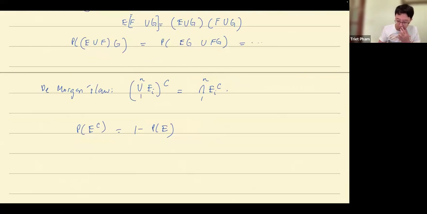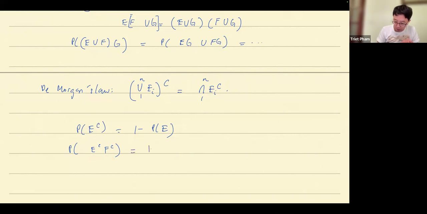What I'm trying to demonstrate, and it's a problem I just did with my 478 class, which we might also do in this class, is that if you want to find the probability of the intersection of the complements of two sets, intersection is not very easy to manipulate.